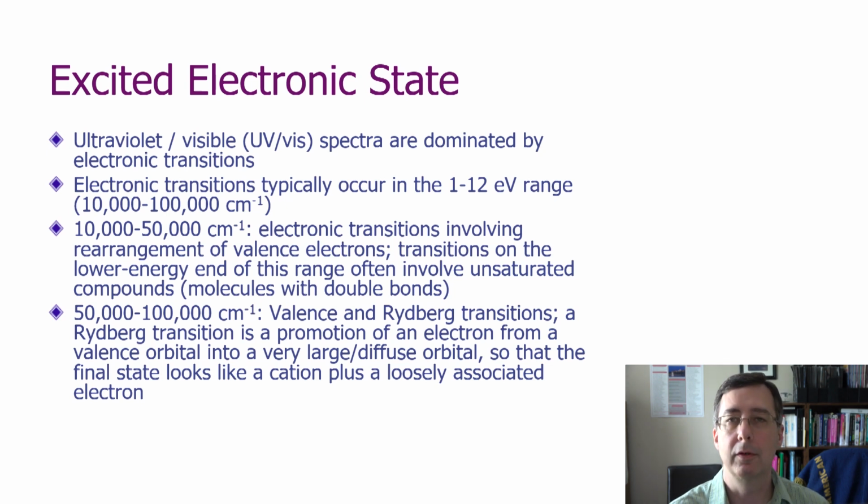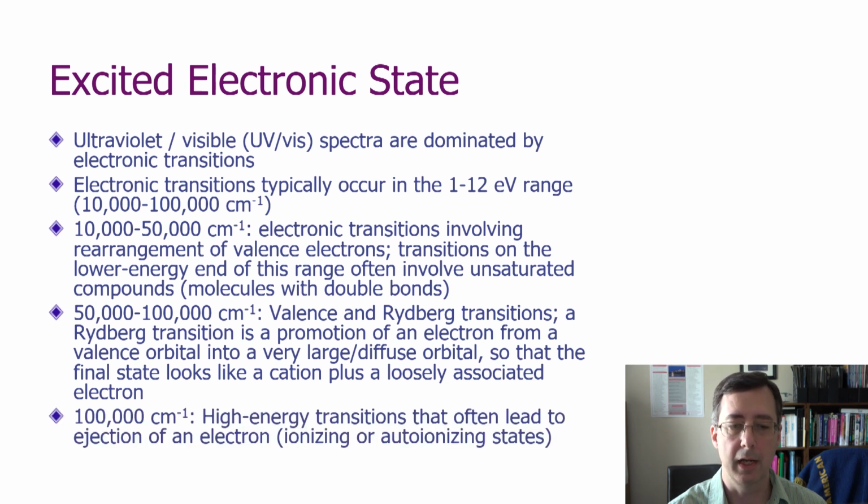And if I hop up into an orbital like that, that's called a Rydberg state. And it kind of roughly looks like a molecular cation with a loosely bound electron that's kind of orbiting around at a significant distance from the nuclei. If I'm at 100,000 wave numbers or more, these are high energy transitions that often lead to an ejection of the electron.